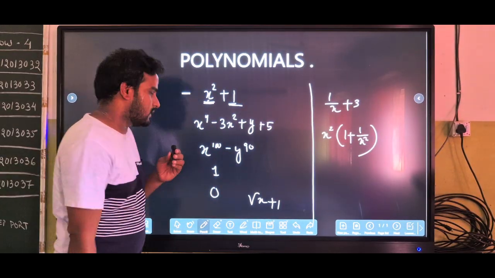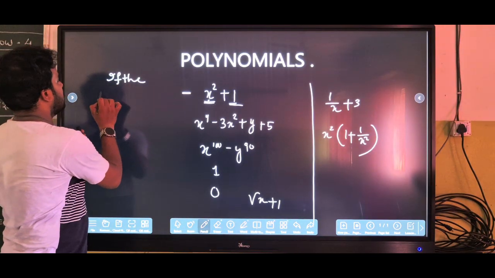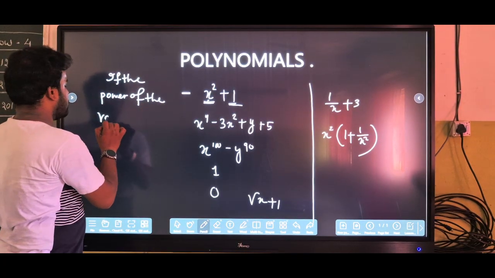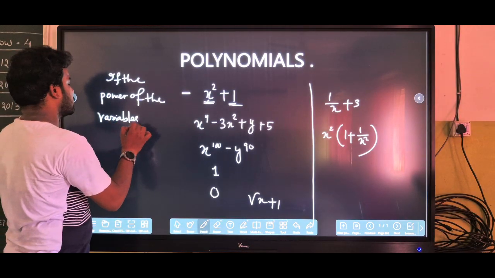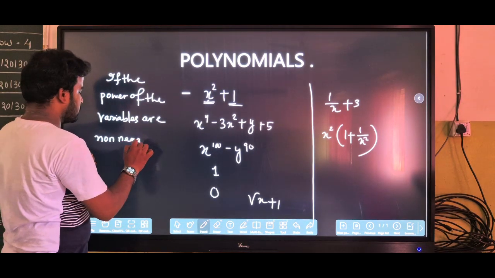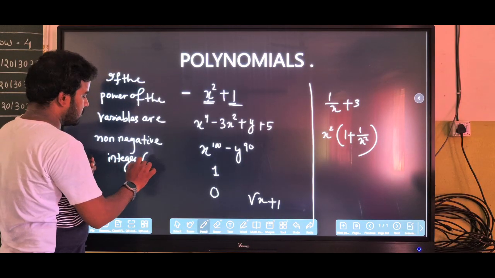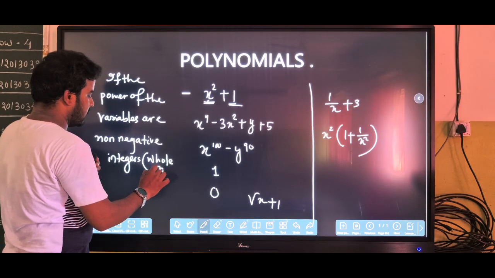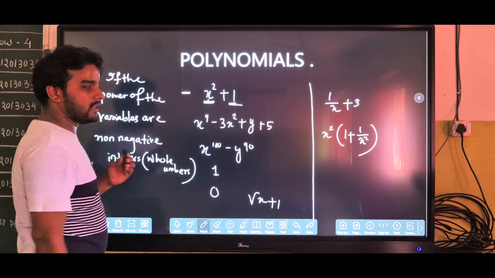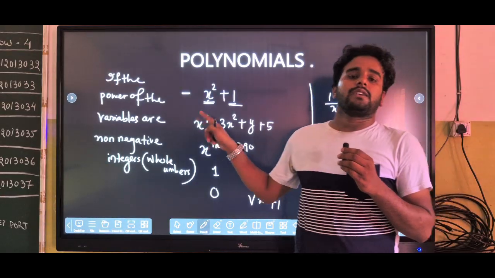The basic statement was, if the powers of the variables are non-negative integers or whole numbers, then in this expression the power of the variable, or you can say the exponent, should be a non-negative integer.